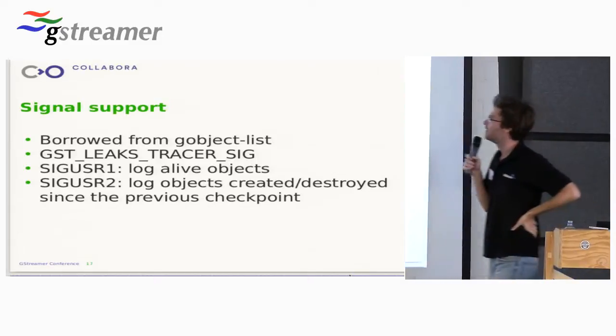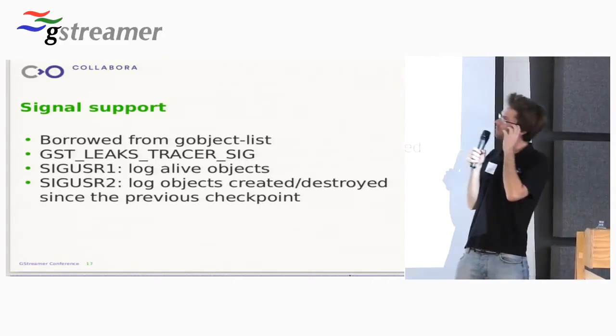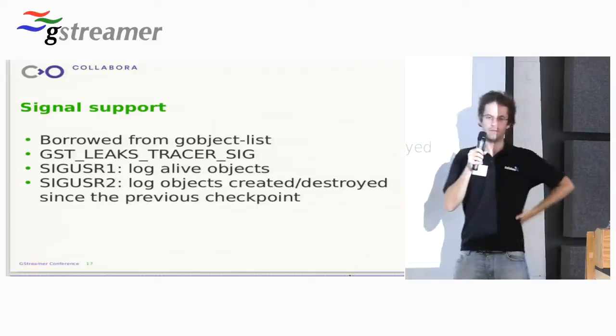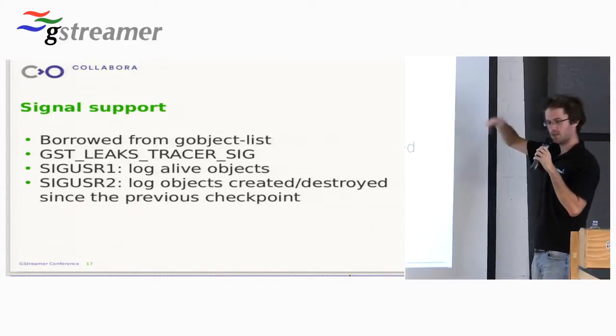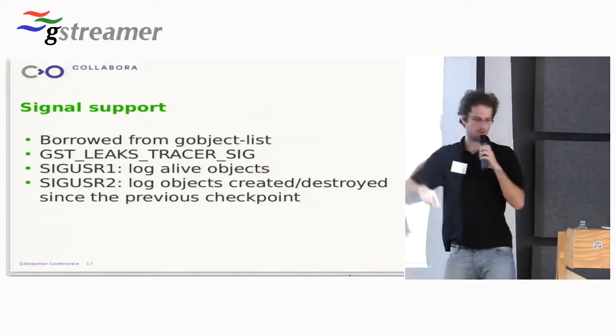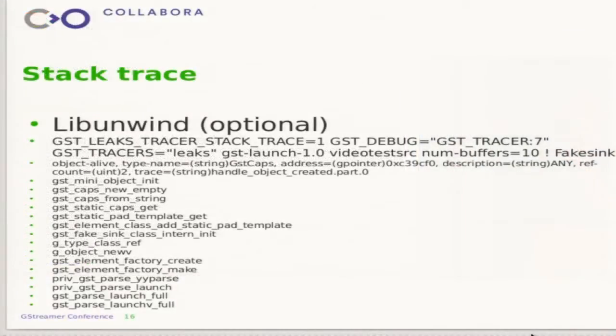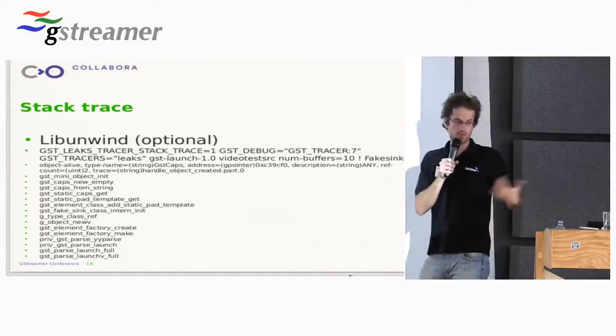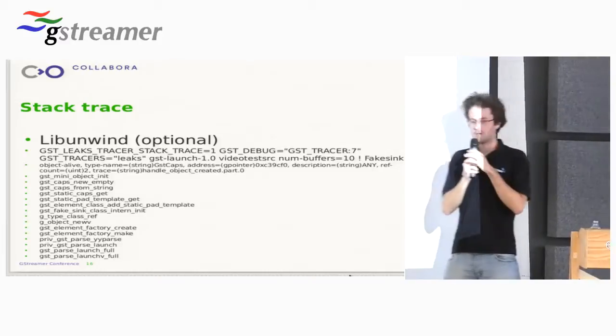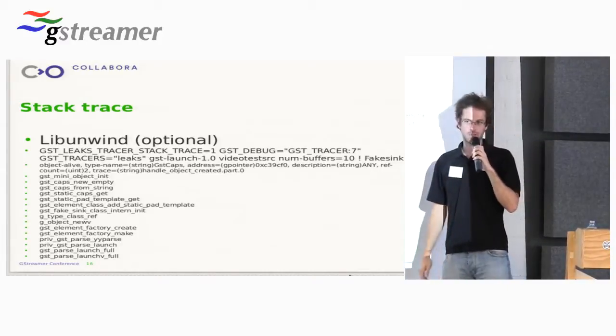Another thing I had is the signal support. So here by signal, I mean Unix signal. This part is Linux specific, but all the rest, including the stack trace, should work on all platforms. I didn't test it because I'm just using Linux, but I think it should work on Windows, on Android, on macOS.